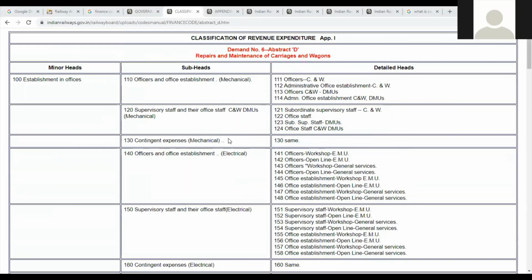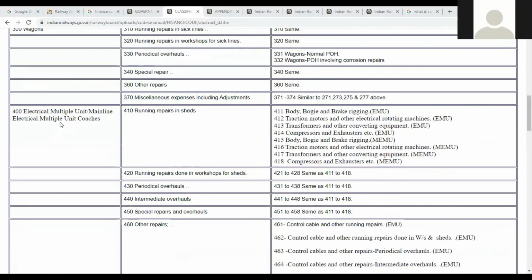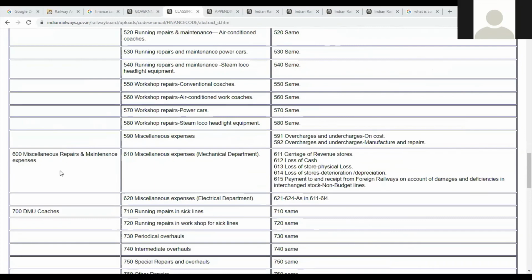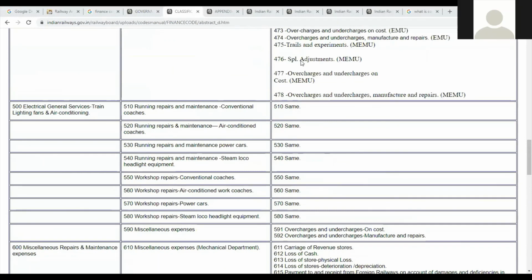Here the minor head is EMU, electrical multiple unit, 500, and 700 is DMU coaches. So it is in demand number 6 only. Okay, right, thank you.